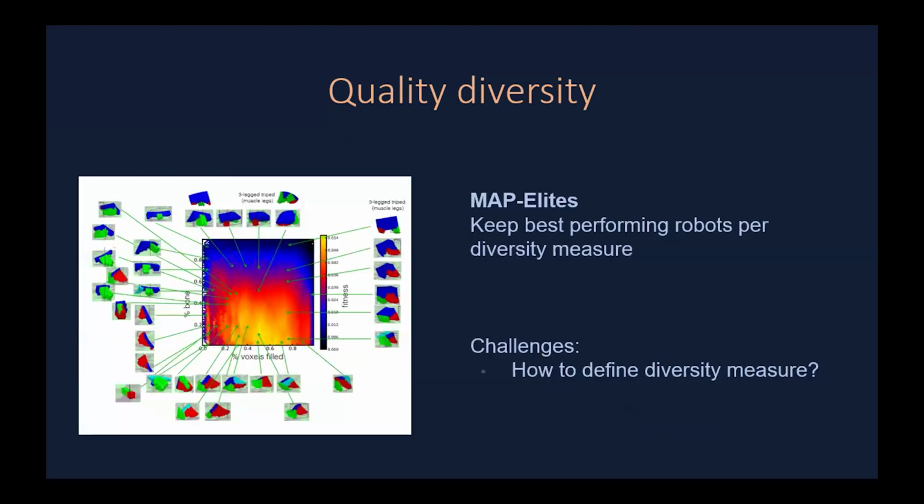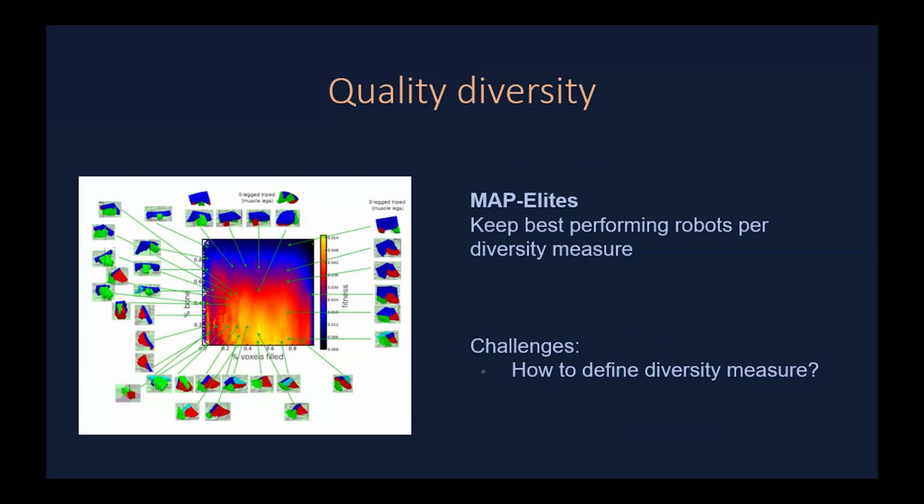Another way to do this is in a MAP-Elites approach, where you keep a map of solutions. For example, in this case, you have voxel robots that have been optimized, and you have a map which shows the percentage of bone tissue and the percentage of the voxels that has filled the box.